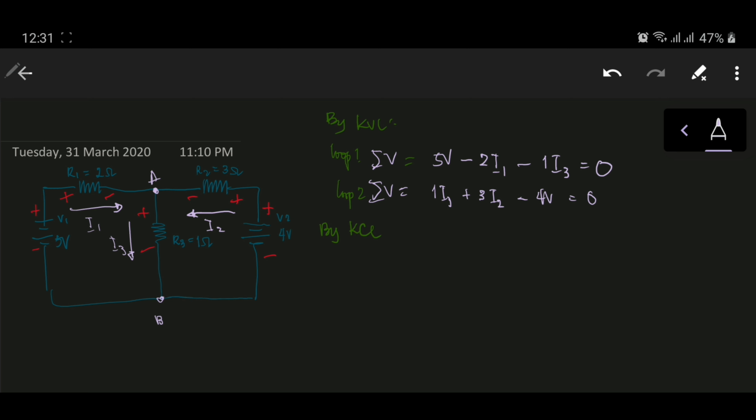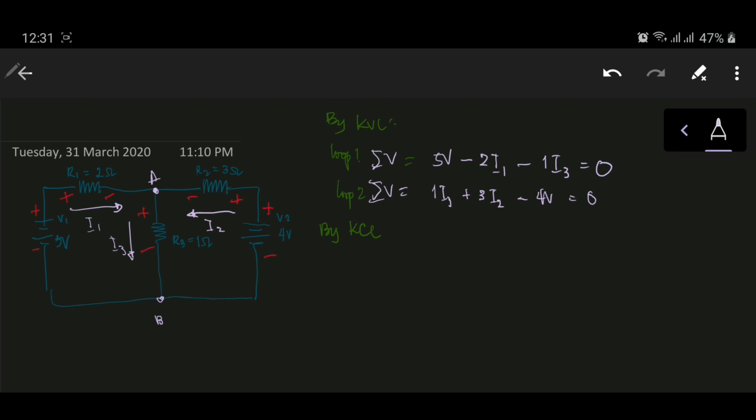The only thing that will be wrong is the direction, which is represented by a negative sign. So if after computing you find that your current is negative, you just have to flip the direction of the current and it will be positive. It will be correct.